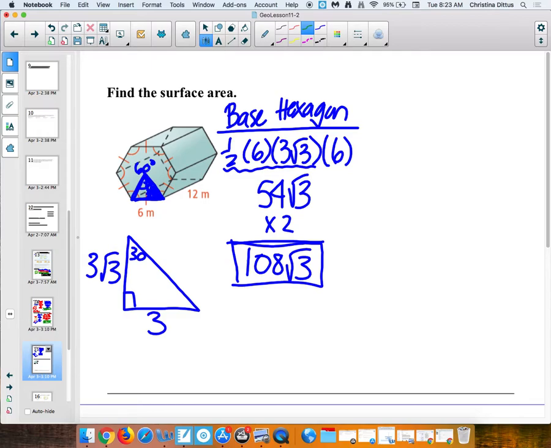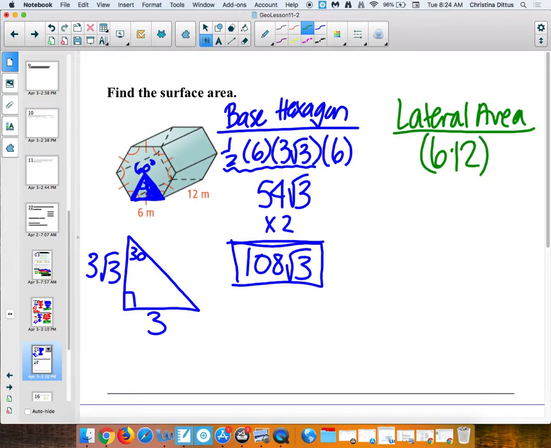Then I have my lateral, the thing in between my bases. What's the shape of them? Rectangles. Are they all the same? Yes. What is the area of each rectangle? 6 times 12, which is 72.